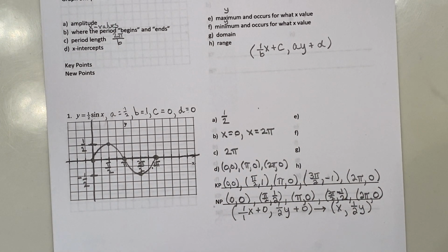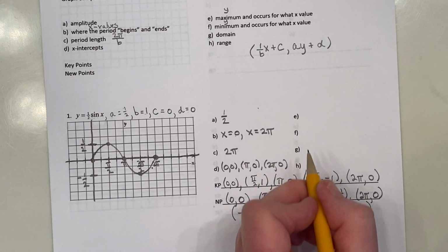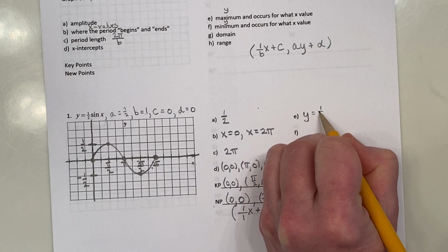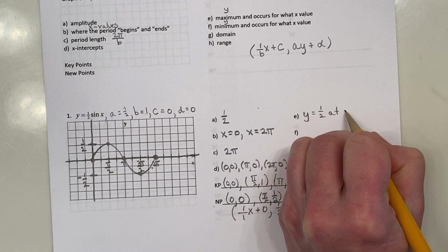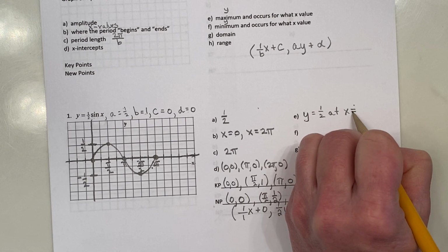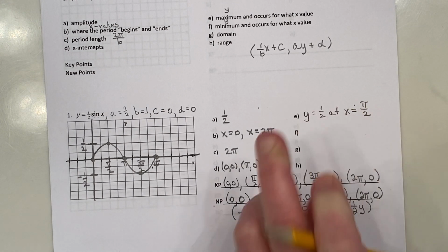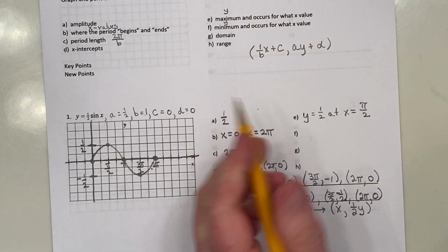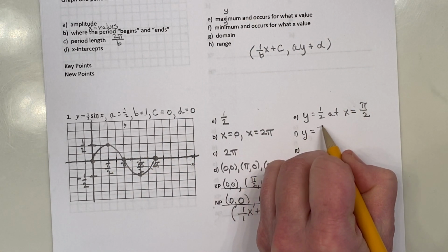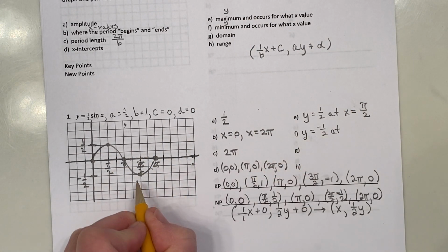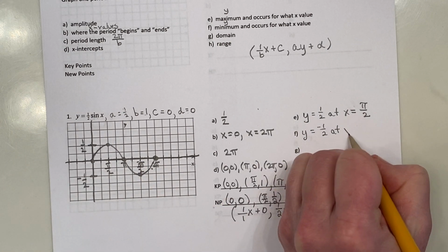Question E asks us for the maximum value and where it occurs. So y equals 1/2 is the highest y value at x equals pi over 2. And the minimum is y equals -1/2 at the x value of 3 pi over 2.